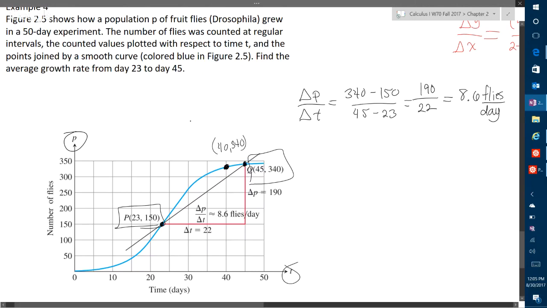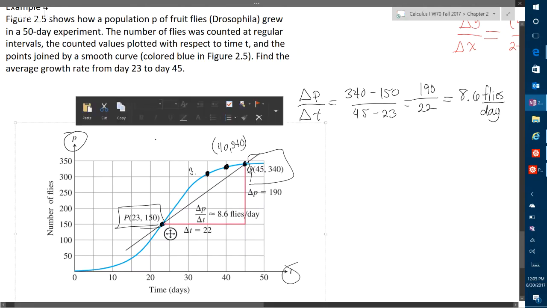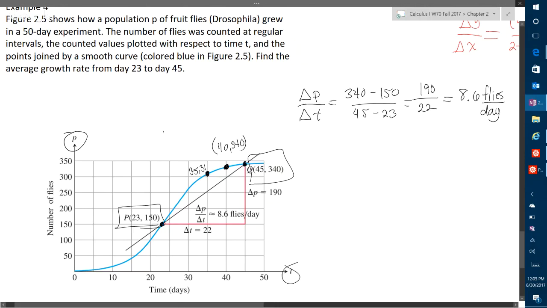And we'll go to 35, and this value is approximately 310. So 35 and 310. And then 30 and 265.